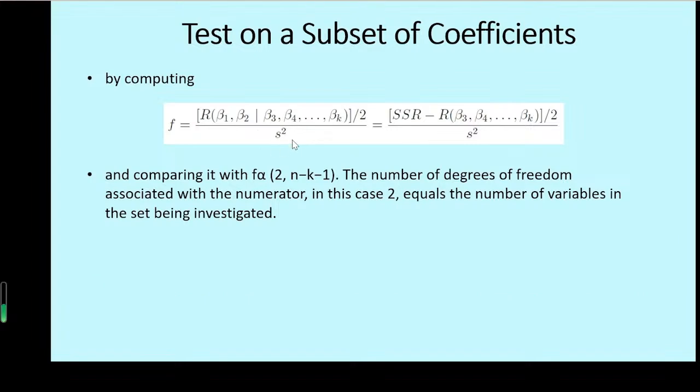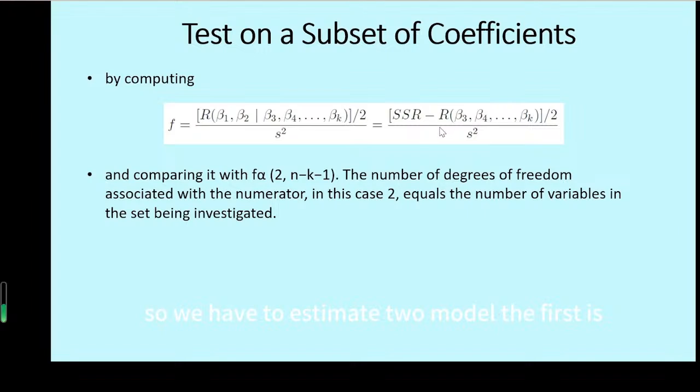And the denominator is S square. So what is R beta 1, beta 2 given beta 3, beta 4, beta k? This is the difference between the whole model's SSR, the sum of squares of the regression model, minus the SSR of the model without beta 1 and beta 2.